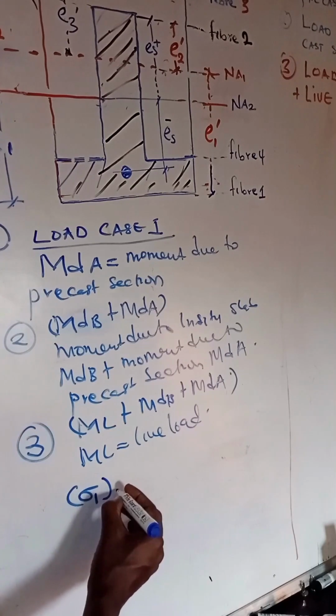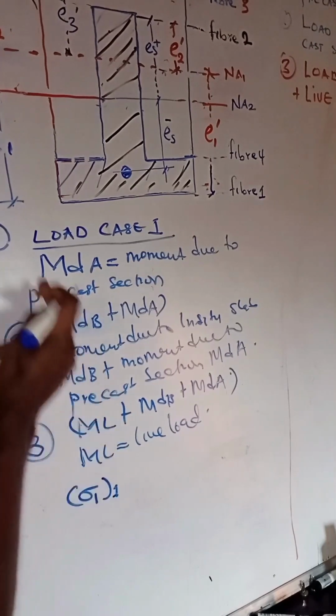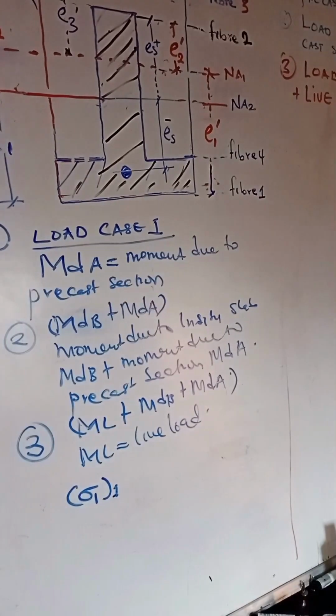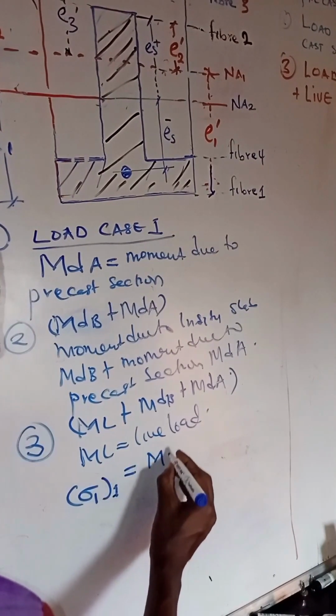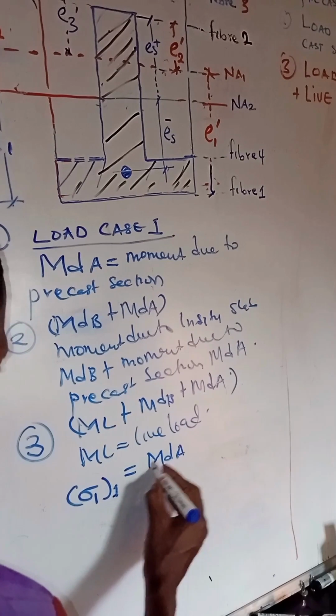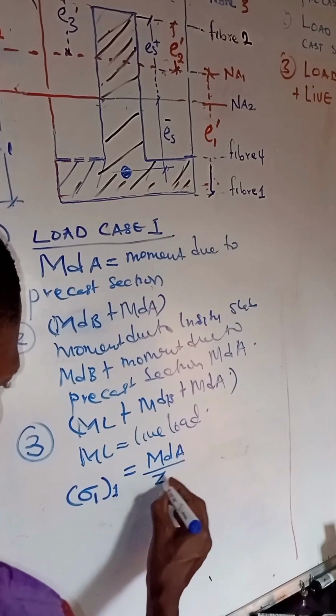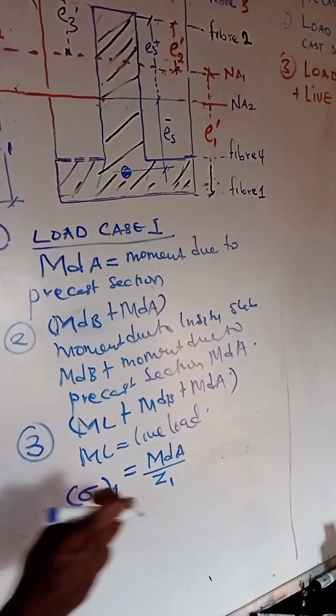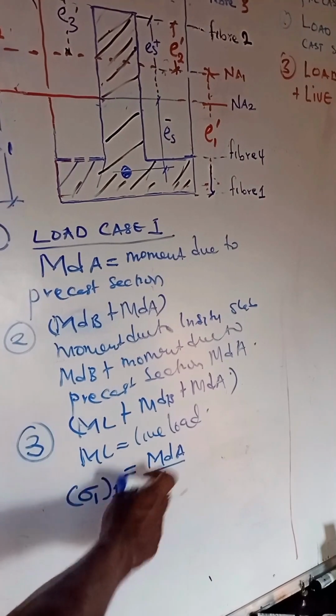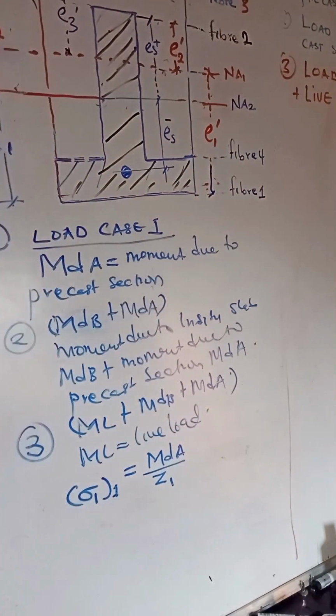This stress is due to load combination 1, which is load due to MDA. That stress will be MDA over sectional modulus with respect to fiber number 1. Remember, your Z1 will now be sectional modulus with respect to our E1. All right, because E1 is that for the precast section.